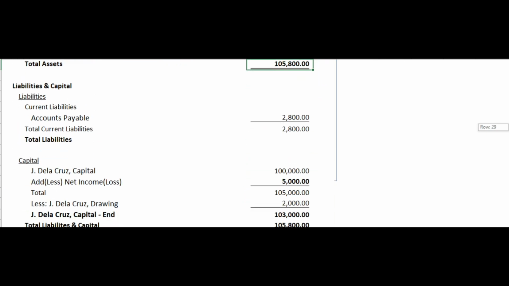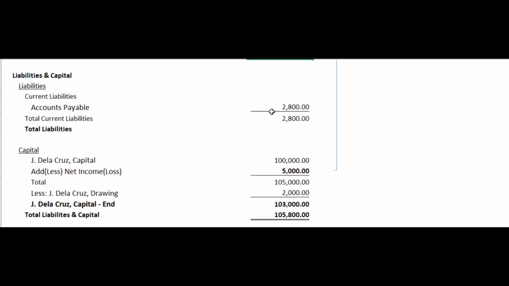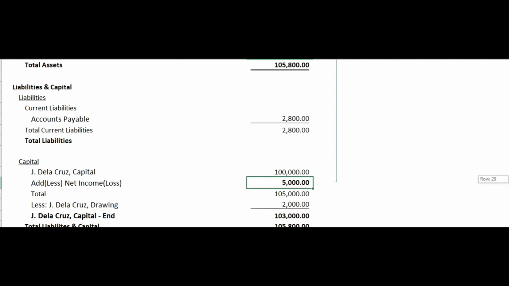Okay? For case naman sa liabilities, meron tayong current liabilities pero walang non-current, so 2,800. Forward natin. Yung balance ng capital natin, i-add natin yung net income or i-deduct natin pag net loss. Meaning, pag net income, pag walang sign, that is plus. Pero pag may close and opening balance is minus yun. Okay?